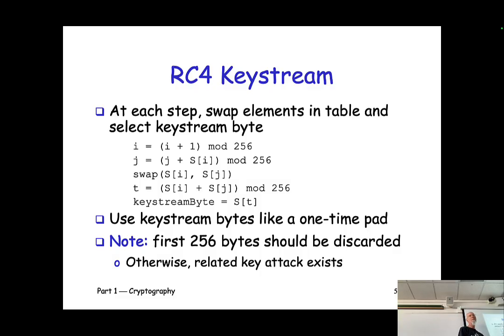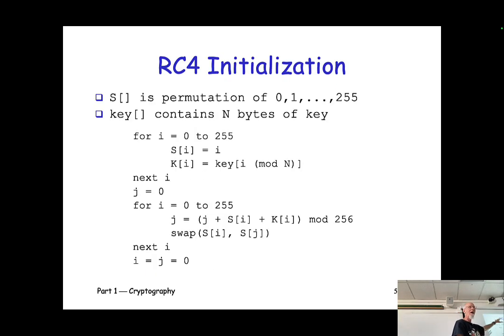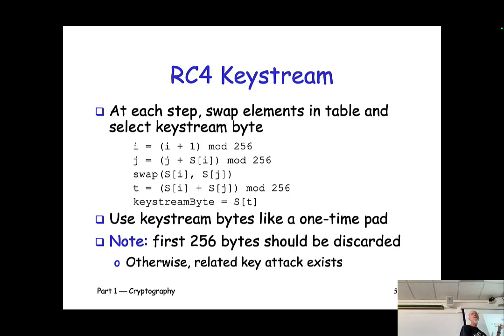The first 256 key stream bytes that you generate have some potential weakness to them. So what people do in practice is, after doing this initialization, they will do this 256 times and just throw away those bytes. And then they actually start generating the bytes that they want to use for encryption and decryption. As long as you do that, it's considered a pretty strong cipher.